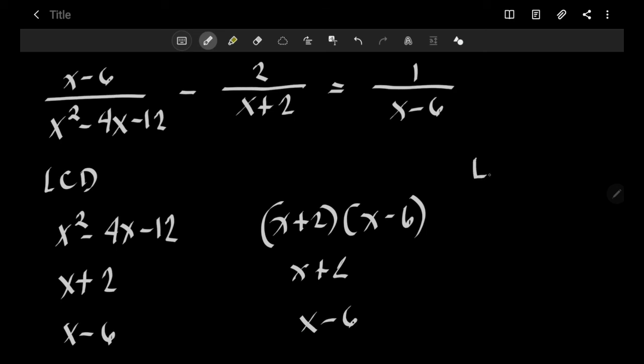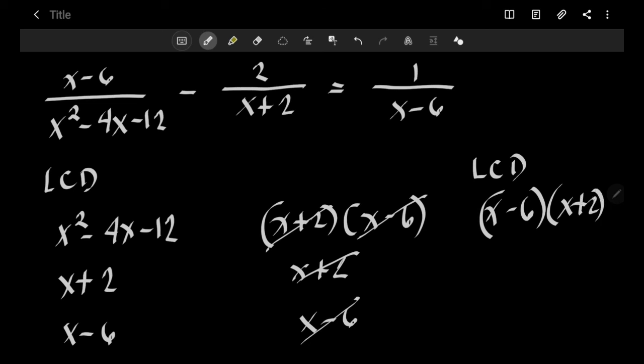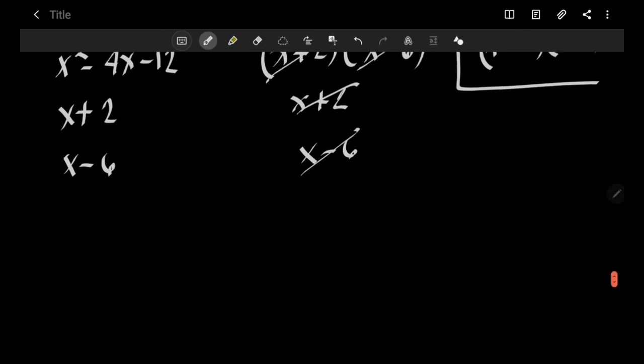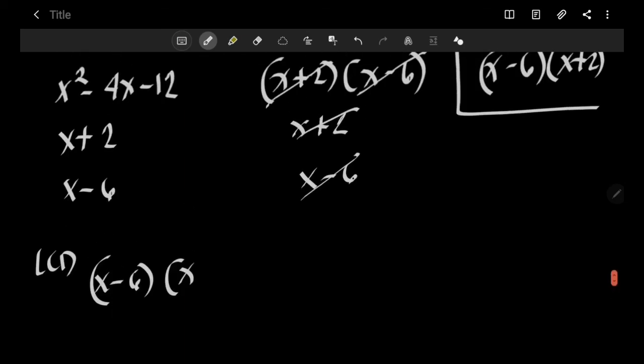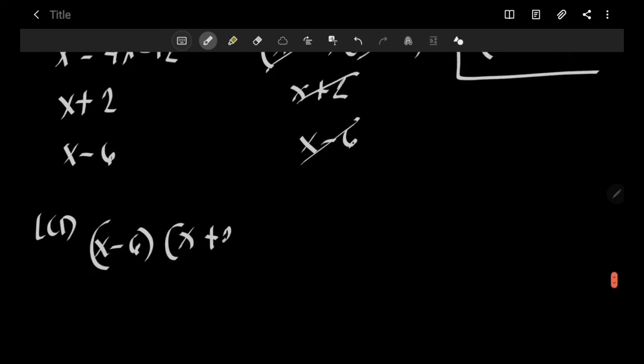So, therefore, your LCD will be, since pareha sila, so, factor niya na si x minus 6, and also x plus 2. So, ito ngayon ang iyong LCD. X minus 6 multiplied by x plus 2.